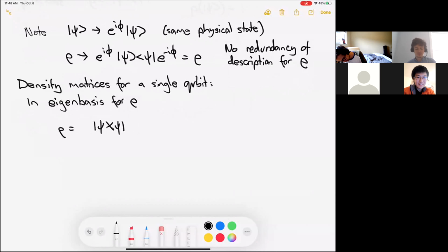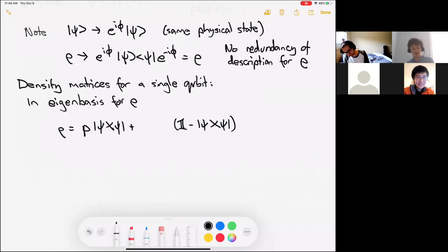If one of our eigenvectors is ket psi, then the other one just needs to be orthogonal to ket psi, so the projector onto it can be written as the identity minus ket psi bra psi. That way we avoid talking about any other quantum state other than psi. And what's its eigenvalue going to be?